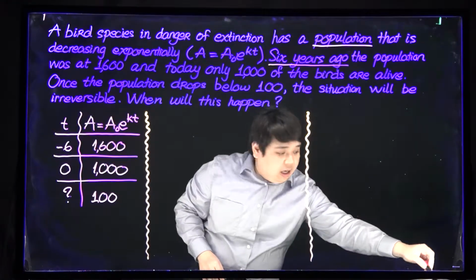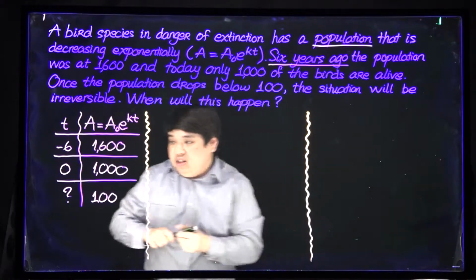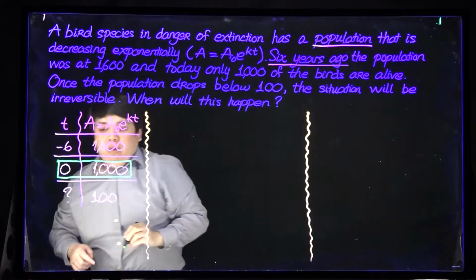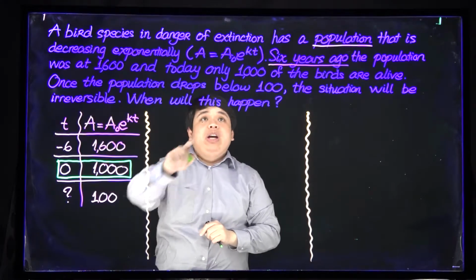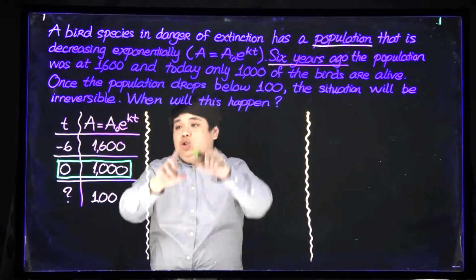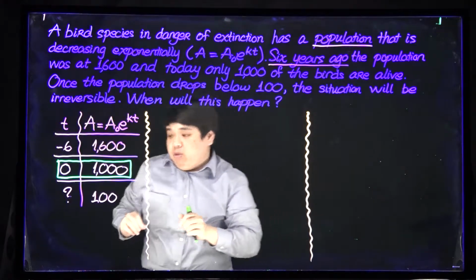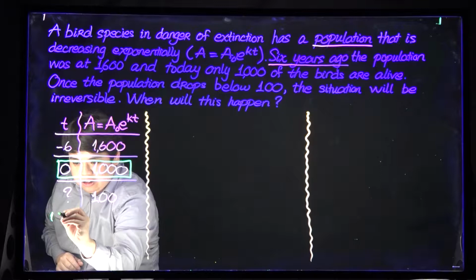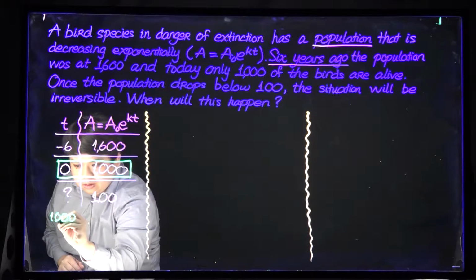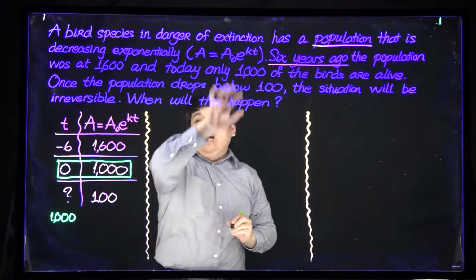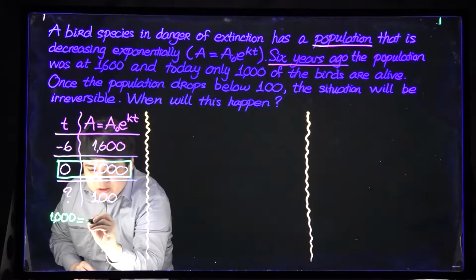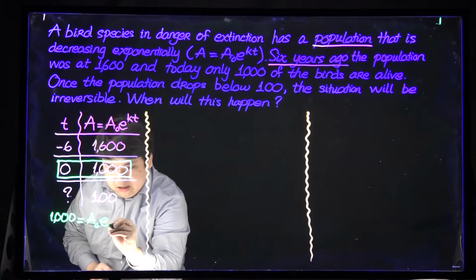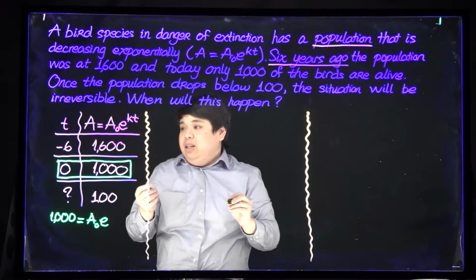So first, if I use this information, meaning t equal to 0 and the population is 1000, I put everything we know in that formula. I have A is equal to 1000, A naught we do not know, e to the power kt.